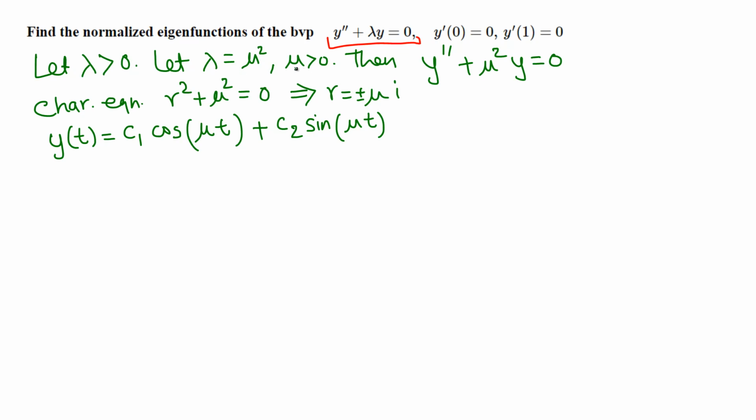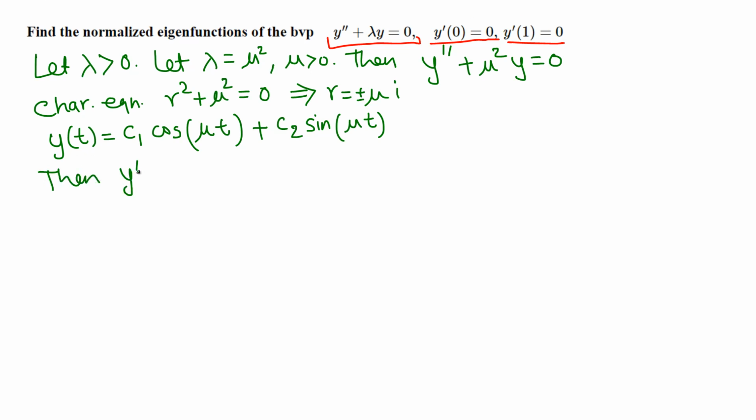Note that mu is strictly positive. Now we apply these two boundary conditions and determine c1 and c2. To apply these boundary conditions, we need to determine y prime, that means derivative.